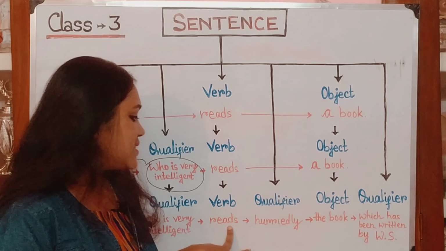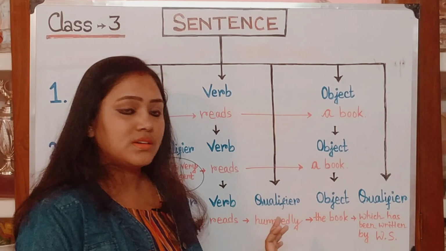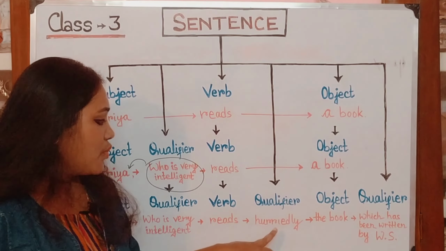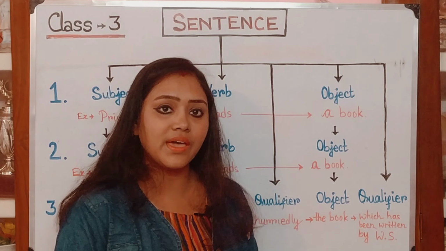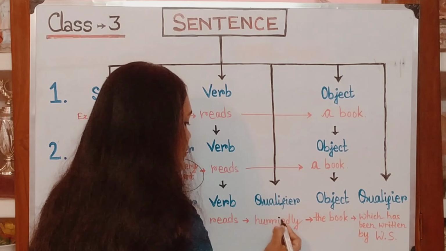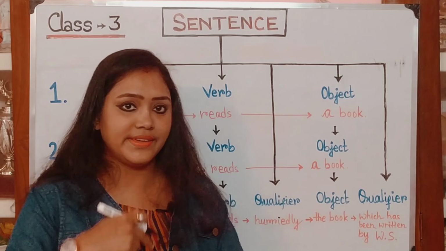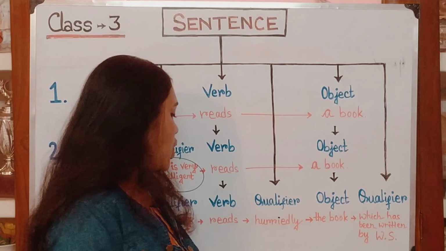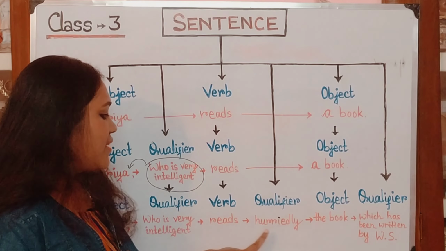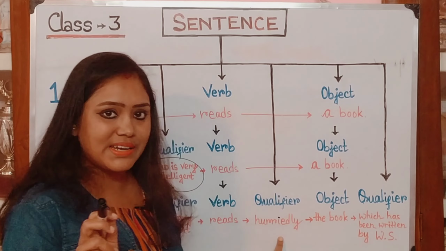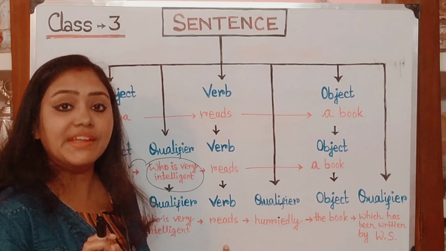Now, reads is being qualified by a qualifier again, which is hurriedly. So you can see, reads how? Hurriedly. Very fast. So the next qualifier is hurriedly, which is qualifying reads, the verb.